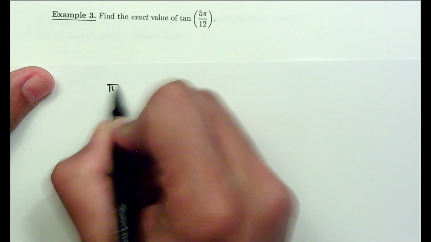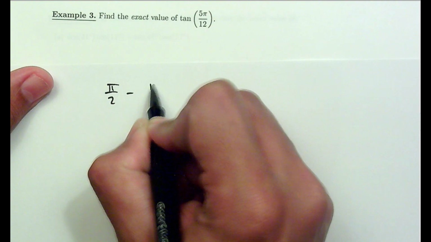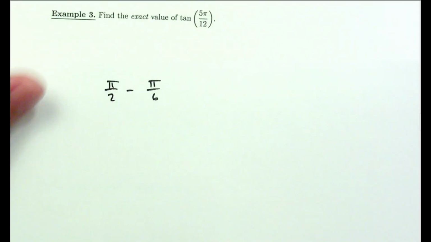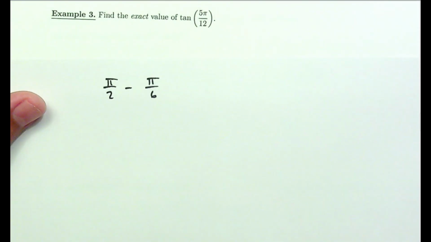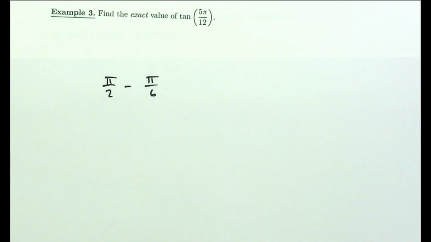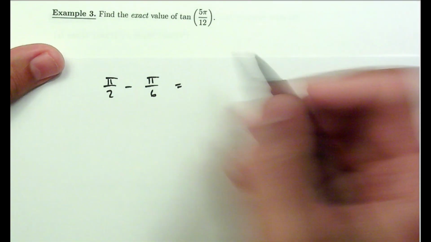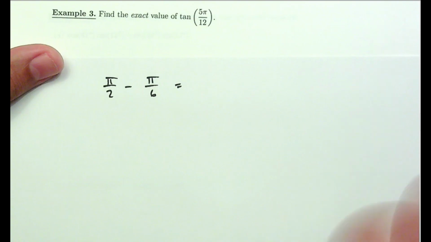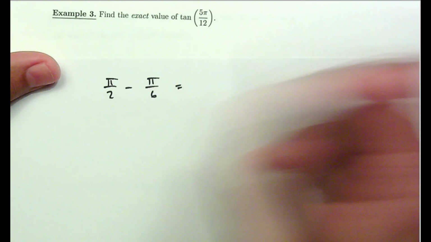One combination is pi over 2 minus pi over 6. I think that could work. I'm not sure, but let's check. Okay, this is how you do it. If you think that that's a possible combination, just check.